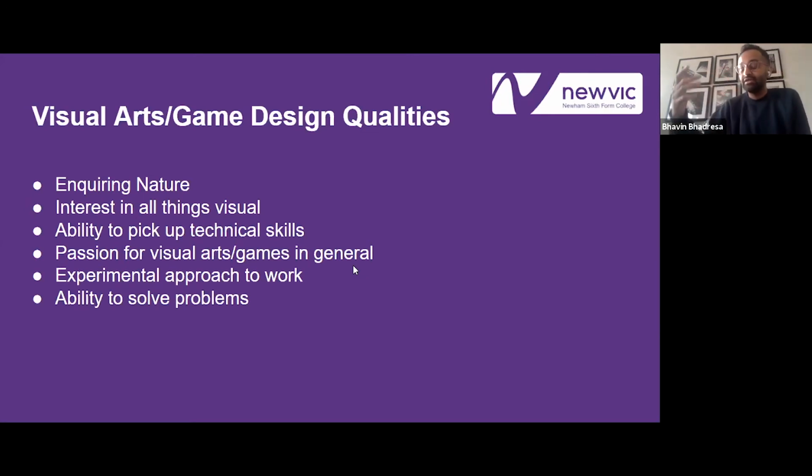There are teenagers sitting in their bedrooms in front of a computer who are writing games, coding games, making photography, making graphics, making animation. There's so many resources available to you, and free ones at that, that there's no reason to wait to start. And when we see that passion, when we interview students, when you come in for an interview, that's what makes us interested in you as an individual.